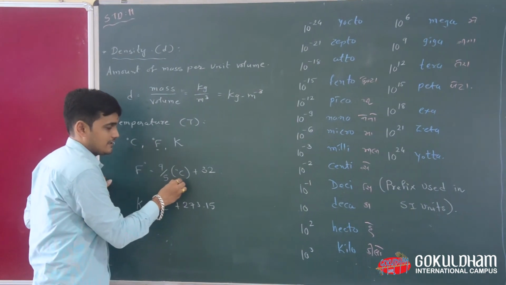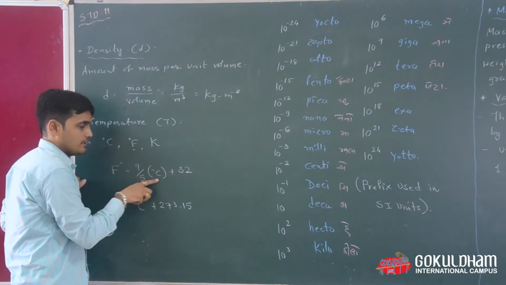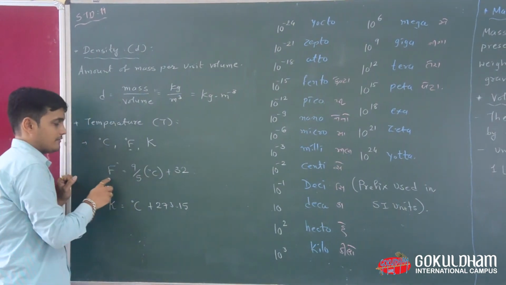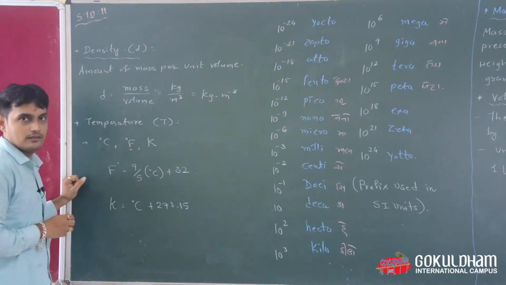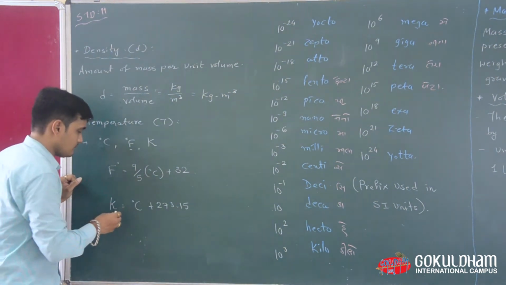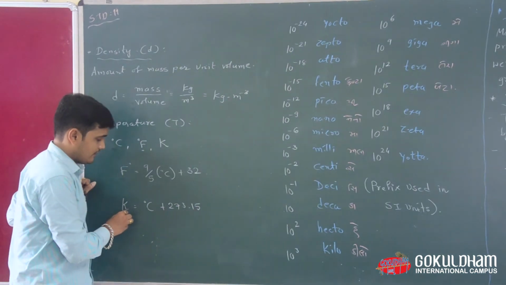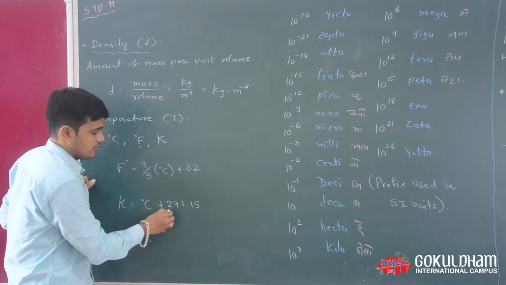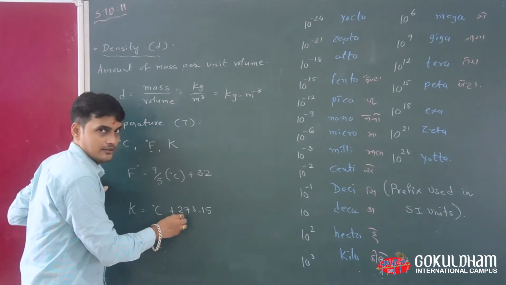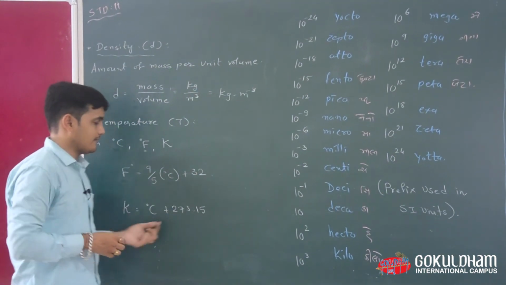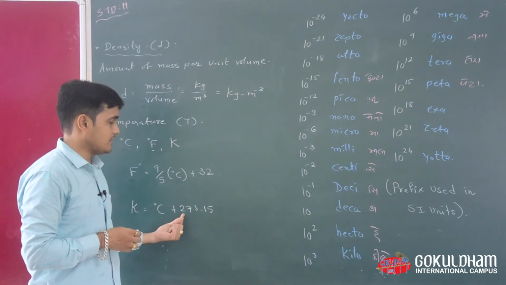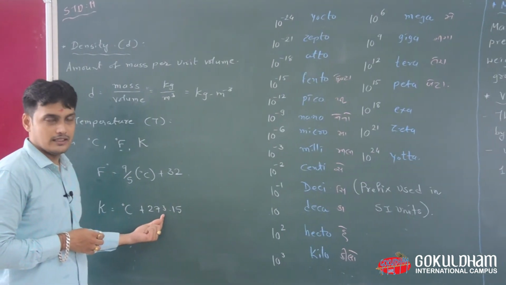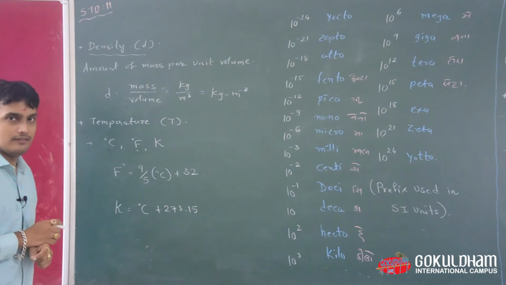Whichever degree Celsius temperature is given to you, put it into this bracket, and then you will get the value of Fahrenheit. Kelvin is calculated as degree Celsius plus 273.15. You have to add 273.15 to the Celsius value.